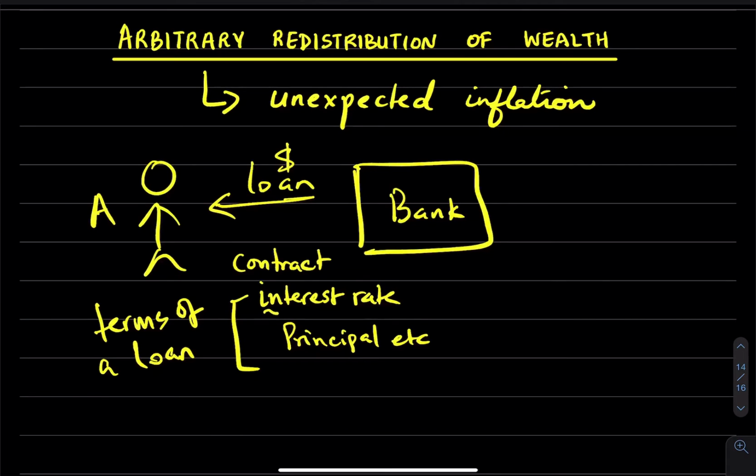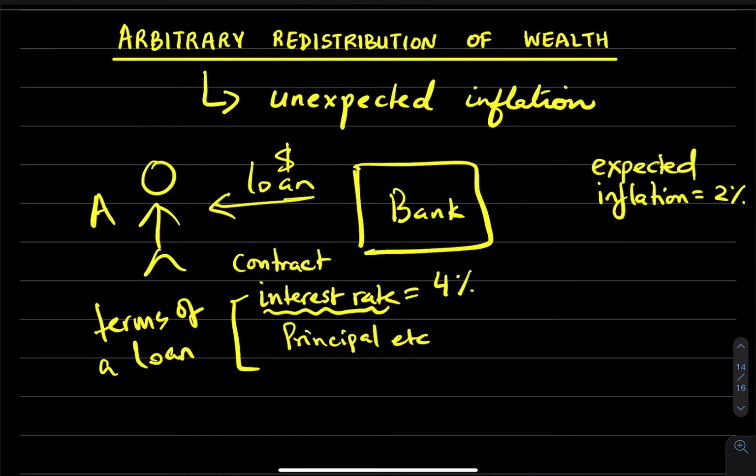So the bank might say, well, if the bank expects inflation to be 2% next year, they might say, well, we're going to charge you an interest rate of 4%. Okay. And so if inflation is higher than expected, right? So this is what they are expecting. Okay. This is expected inflation is 2%.